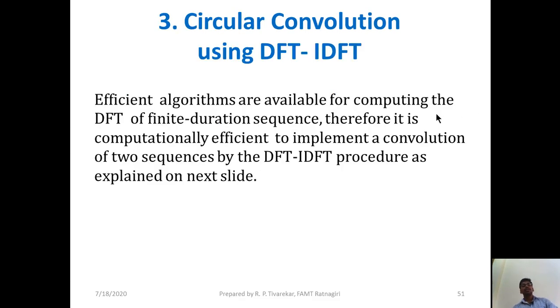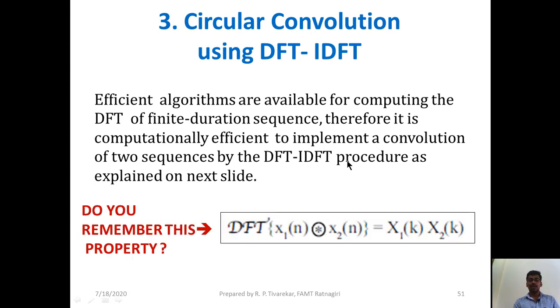Now there are efficient algorithms available for computing DFTs and IDFTs of finite duration sequences. Therefore, it is computationally efficient to implement these convolutions using the frequency domain method, that is the DFT IDFT method, the third method that we are going to discuss now. I hope you remember this property of circular convolution of DFT.